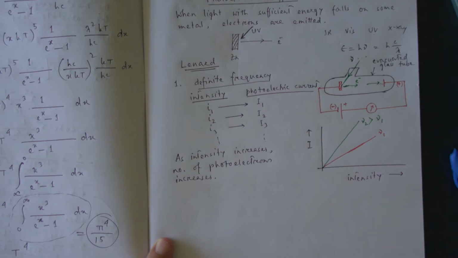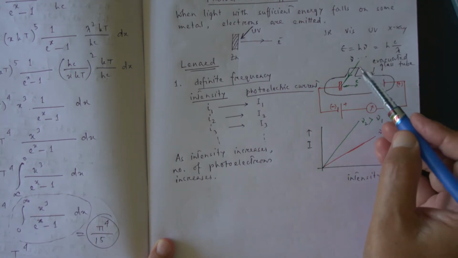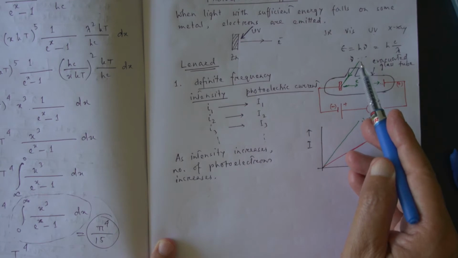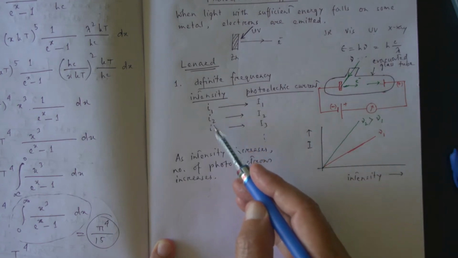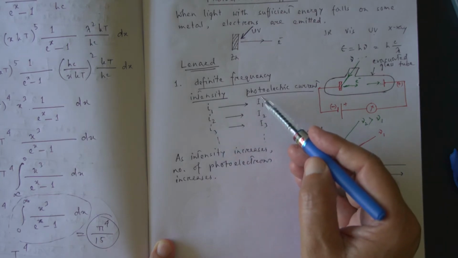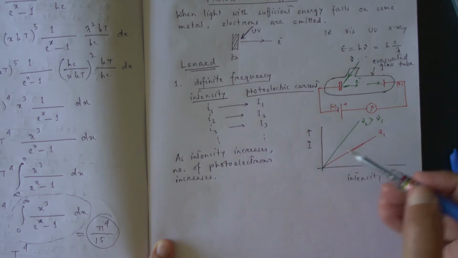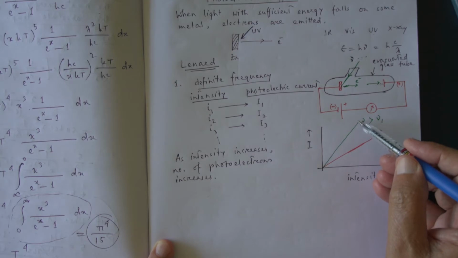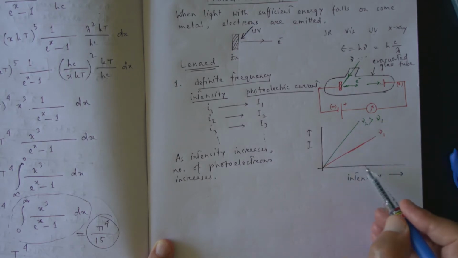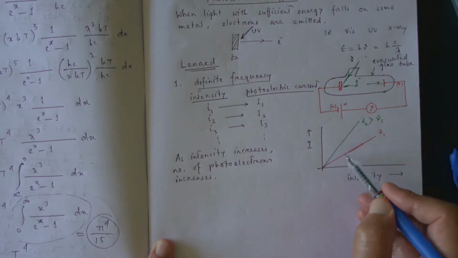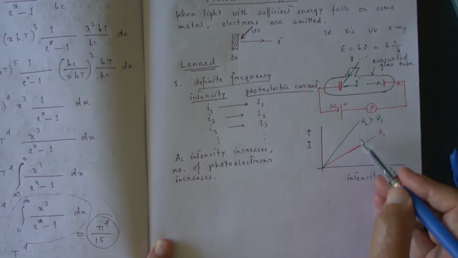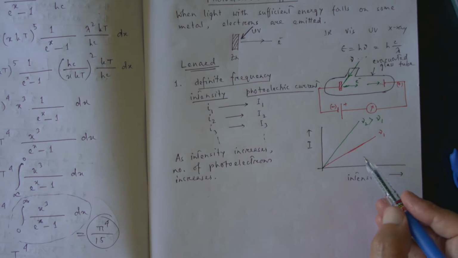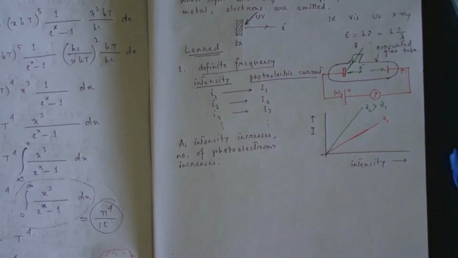He increased the intensity and measured the corresponding photoelectric currents. Again, the graph was like this. Again, as intensity increases, photoelectric current increases. That means the number of photoelectrons emitted increases. So this was the first observation.